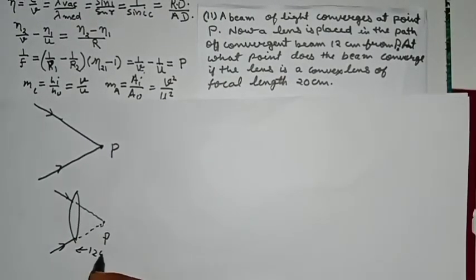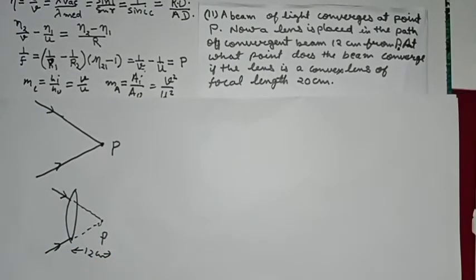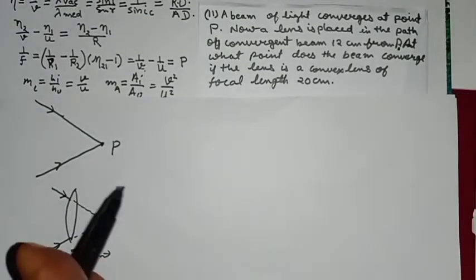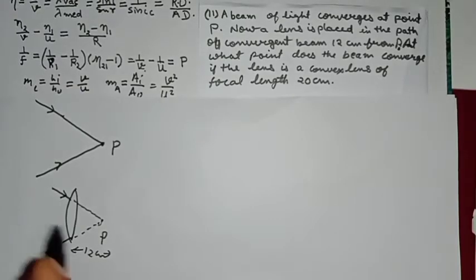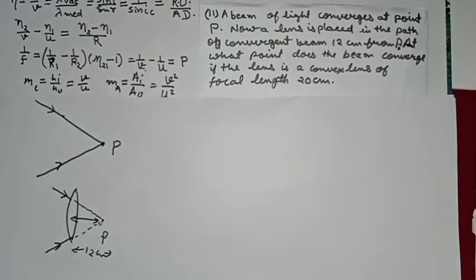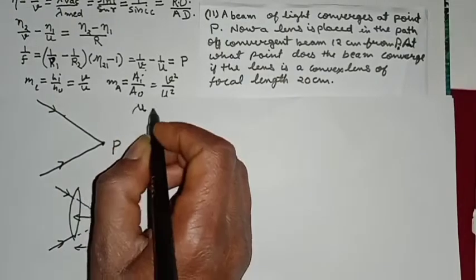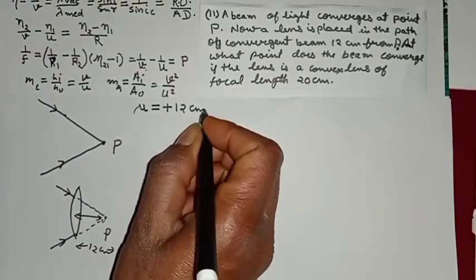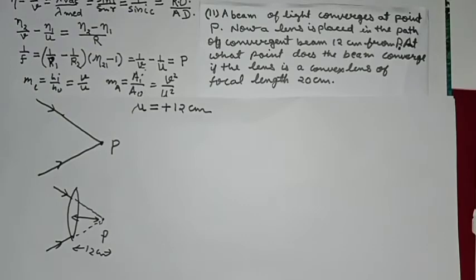It is 12 centimeter away, so this point P will act as a virtual object because there is no definite object in front of the lens. So we will consider that converging point as an object, and you can see u equal to plus 12. Why plus 12? Because distance is measured in the direction of incident light.